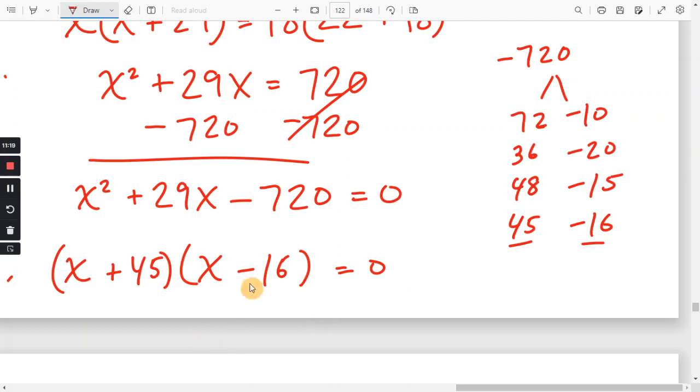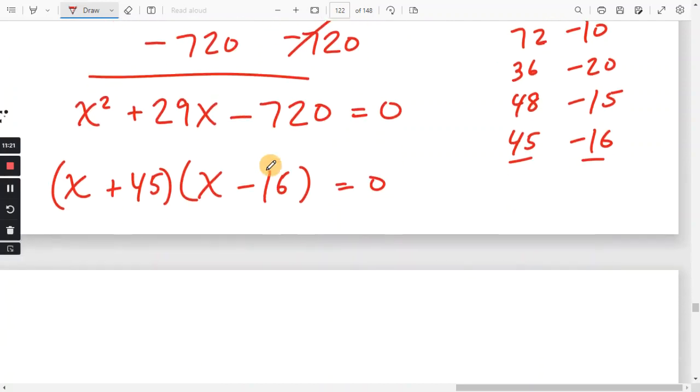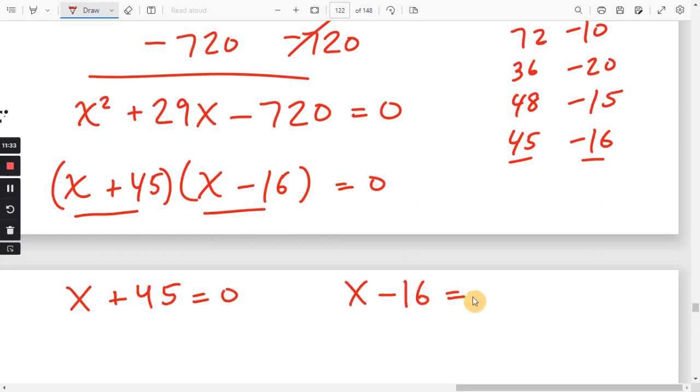All right, so when you set this equal to 0, that means either one of these can be 0. So x plus 45 is 0, and x minus 16 is 0. And in this case here, x is negative 45, and x is positive 16.